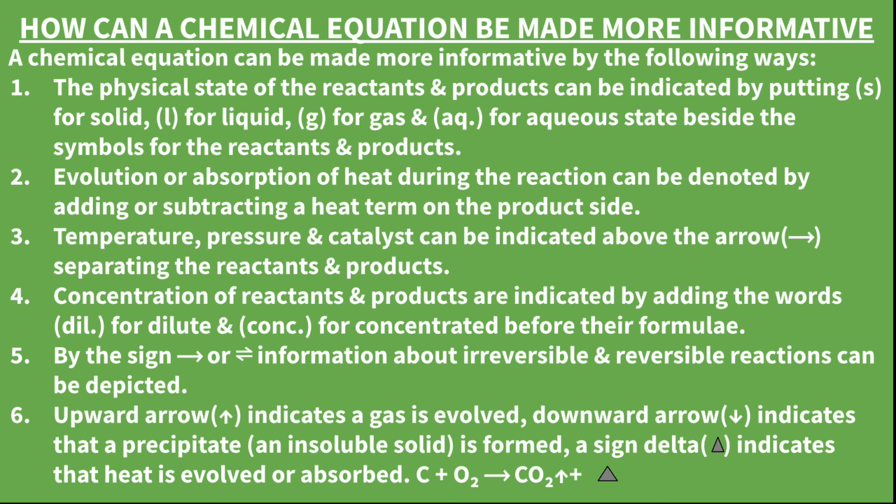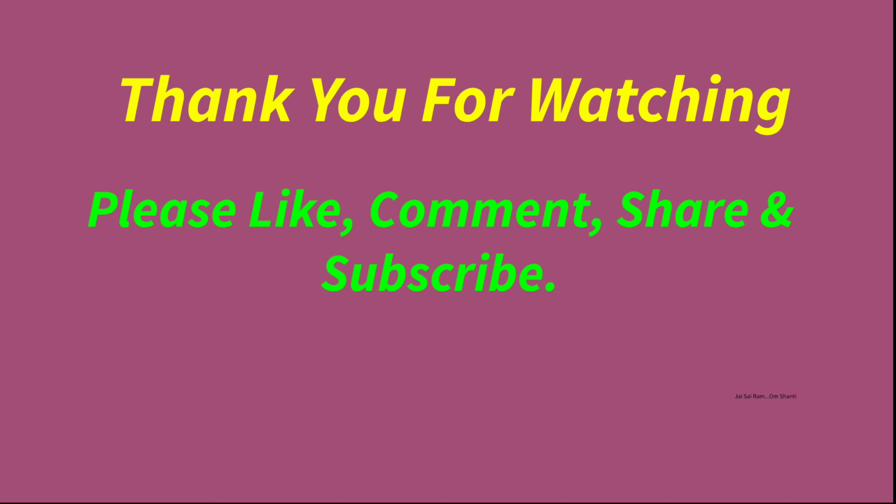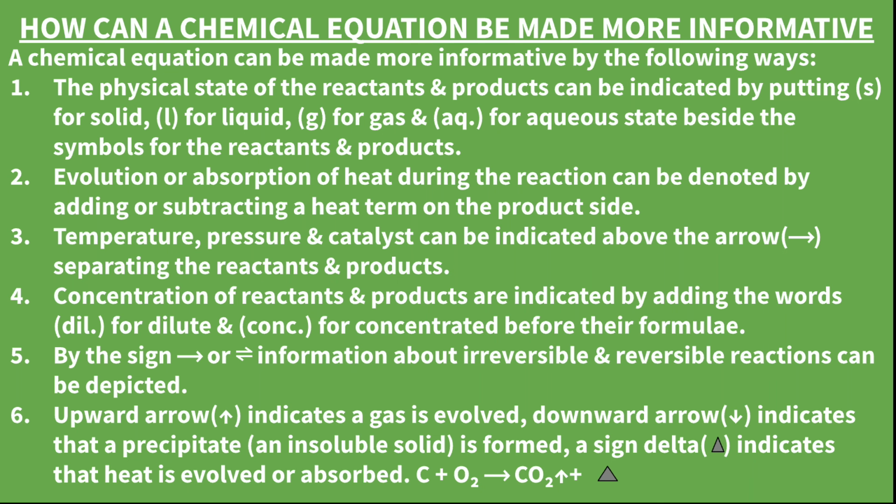So for this, we need to make the chemical equation more informative. A very short thing is left, information about how to make the chemical equation more informative, so I will discuss this in my next video.